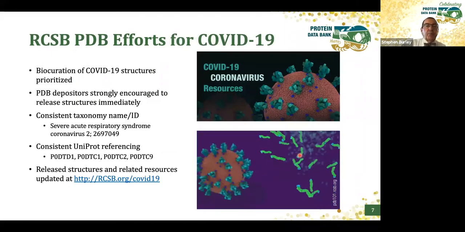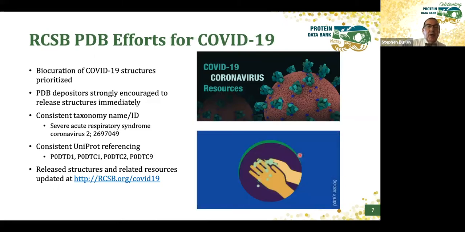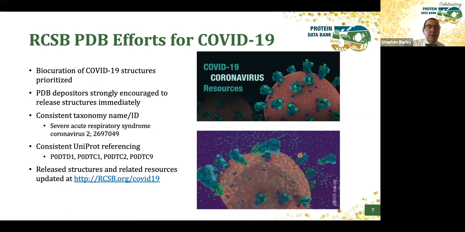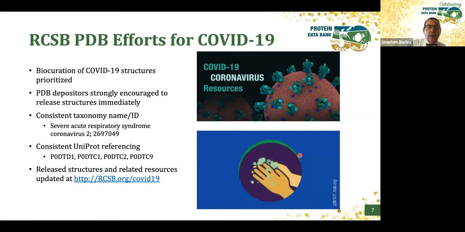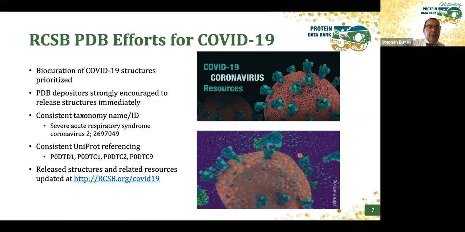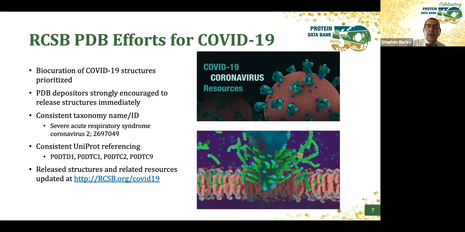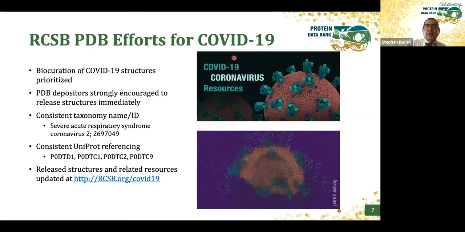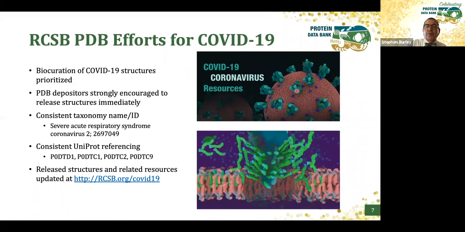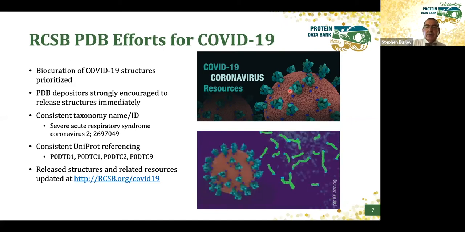Our efforts have been focused on prioritizing all the incoming new structures, helping our depositors make those available to the scientific community immediately, consistently biocurating and annotating these structures, adding value to the information, and then releasing them along with related resources. If you go to our rcsb.org website, you'll see this logo, this graphic in the top half of the homepage, and you can click on that and get to all of our coronavirus resources.